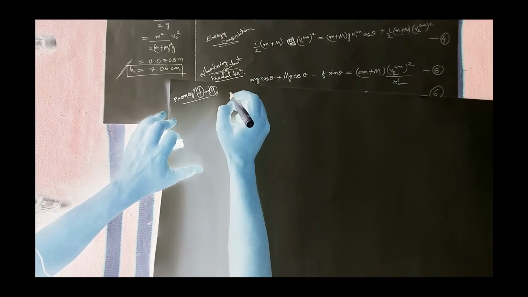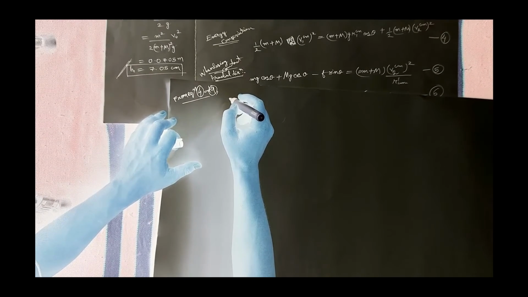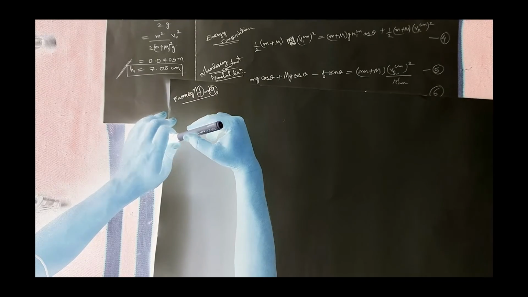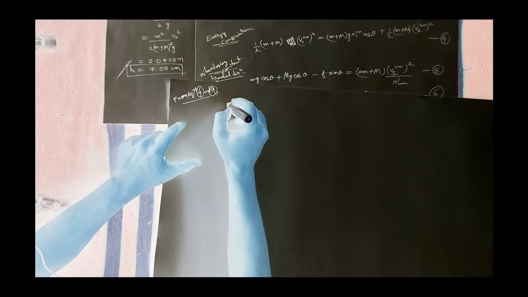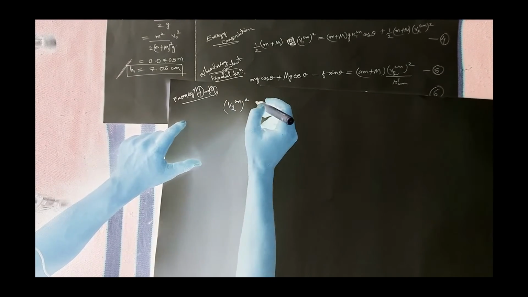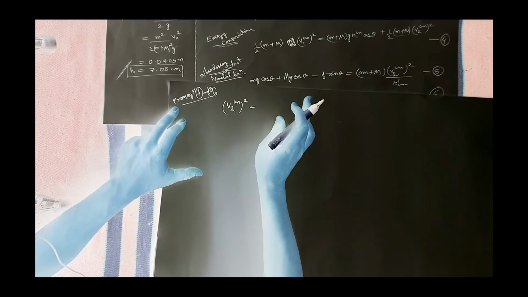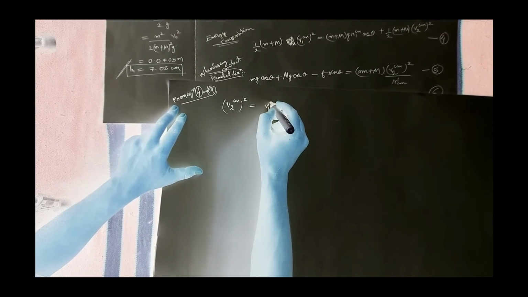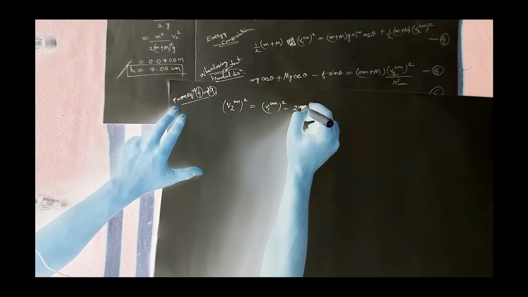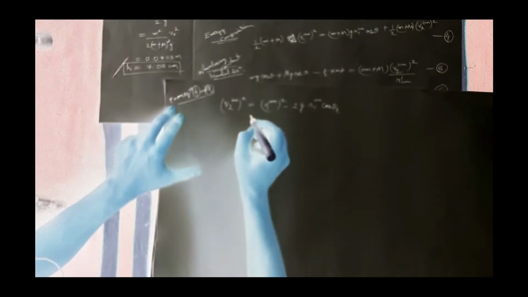So the equation is v2 cm square equals v1 cm square minus 2g r1 cm cos theta L, where cos theta L is at the time of leaving. I'm writing directly by thinking, so I write fewer steps.